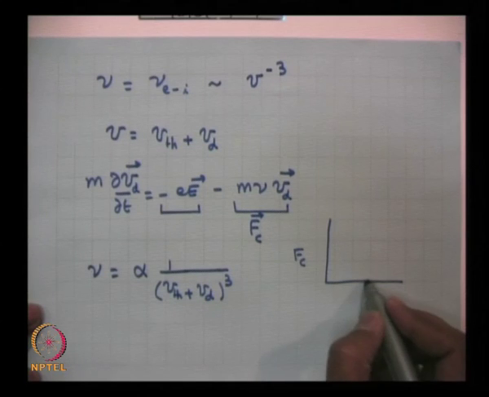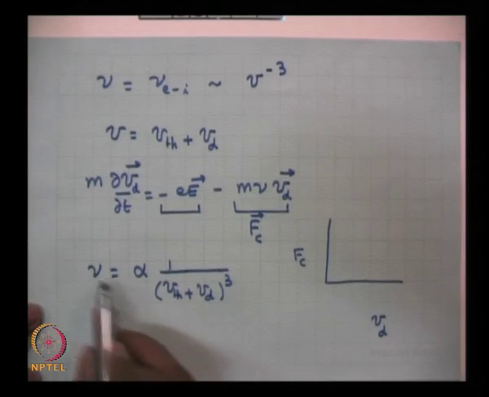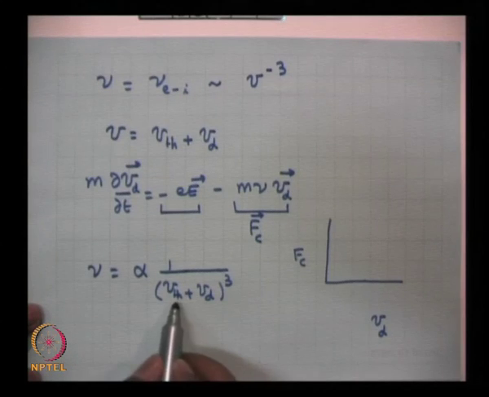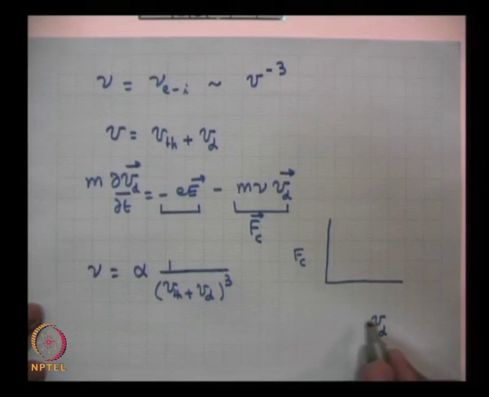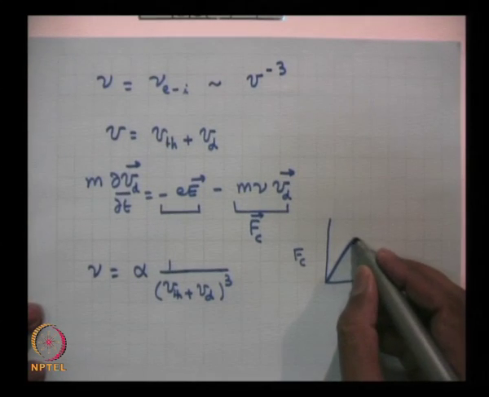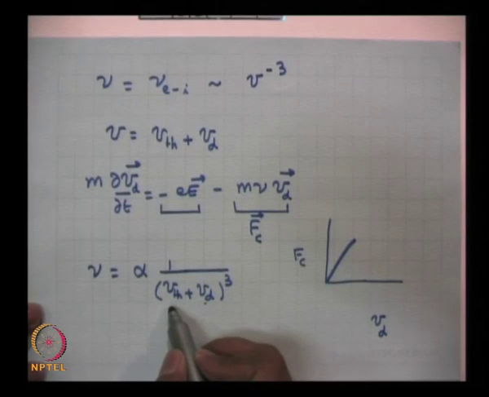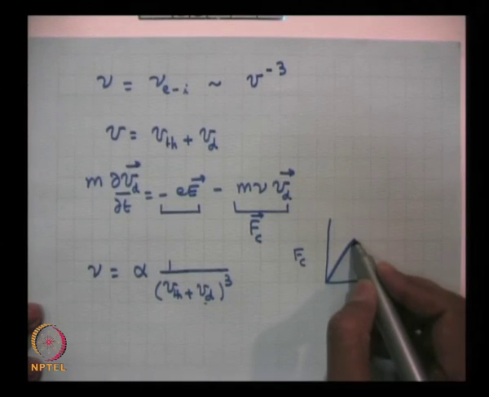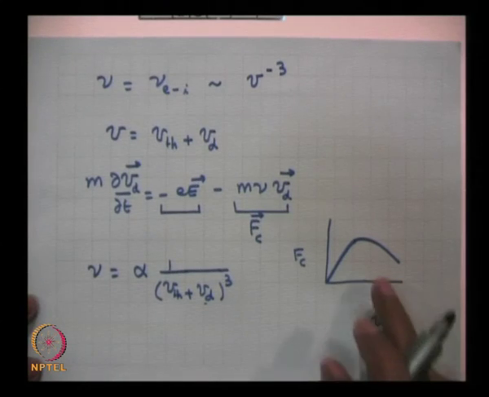When Vd is small, you can ignore this Vd, and nu is simply alpha upon V thermal cube. So, if I plot this quantity Fc as a function of Vd, this will increase and then it will acquire some peak value, because when this Vd becomes comparable to V thermal or bigger, this will start falling down. This is an important characteristic.